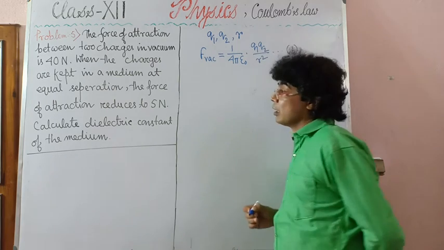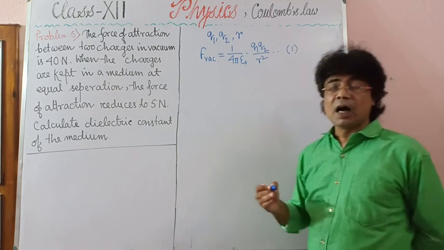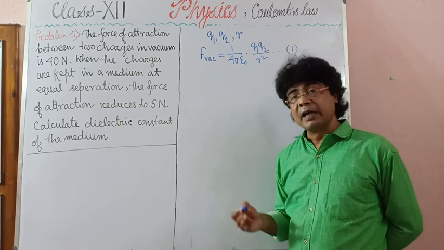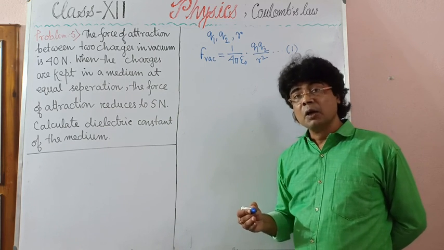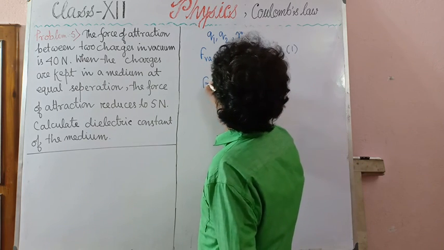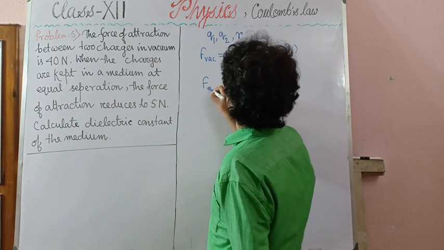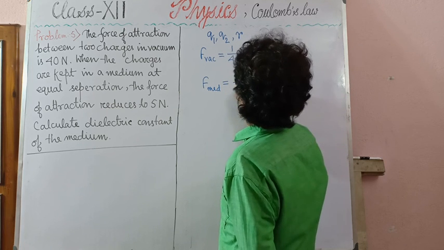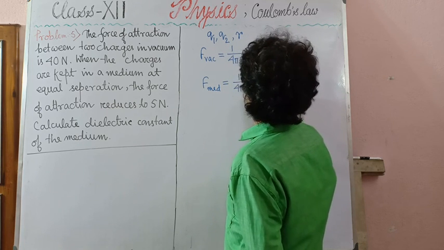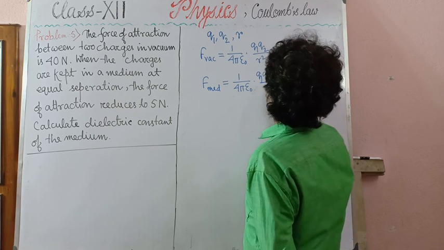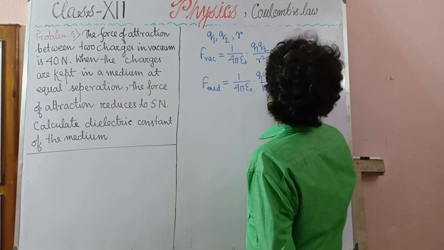And when the charges are situated in the given medium, then electrostatic force of attraction between them is written as F medium equals 1 by 4 pi epsilon 0 Q1 Q2 by K R square.